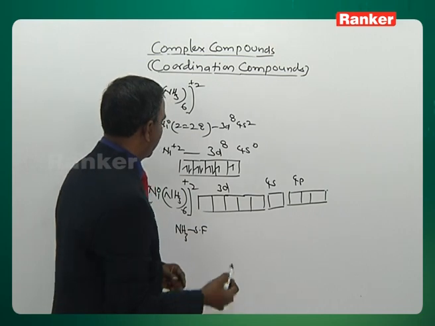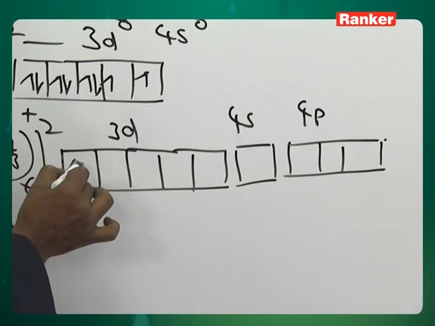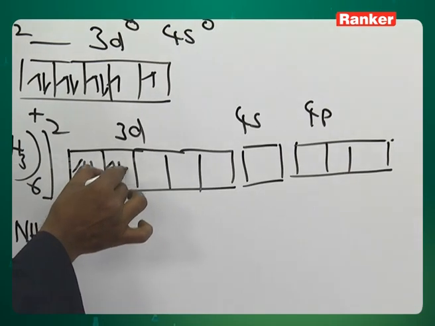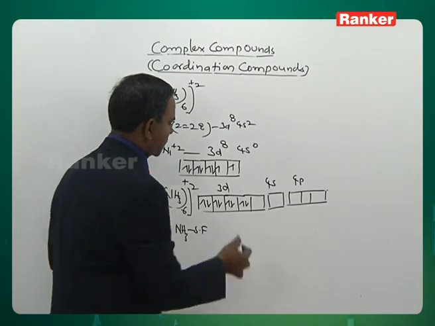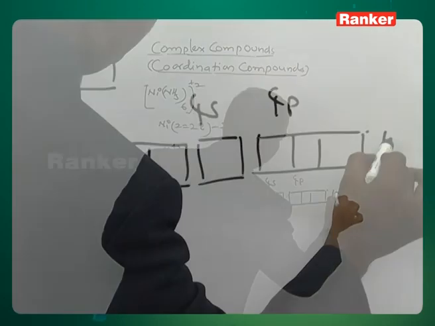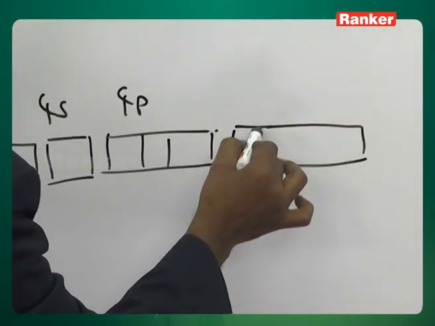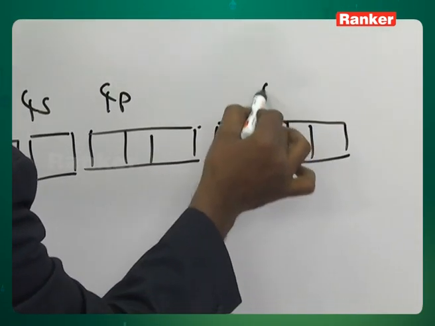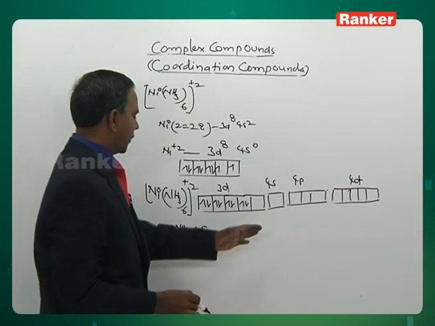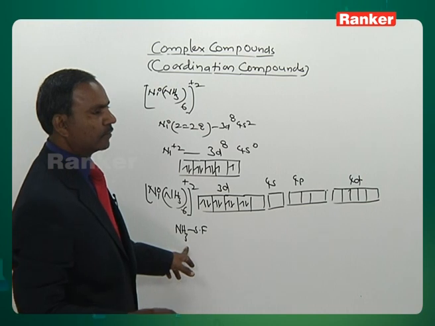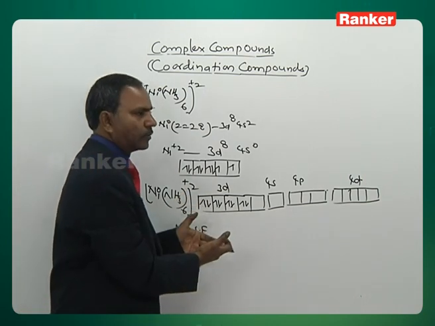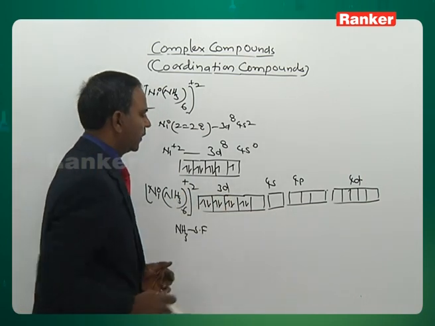Suppose electrons are getting paired like this, the 8 electrons. Since it is strong field, generally we do like this only, because in strong field electrons are getting paired.